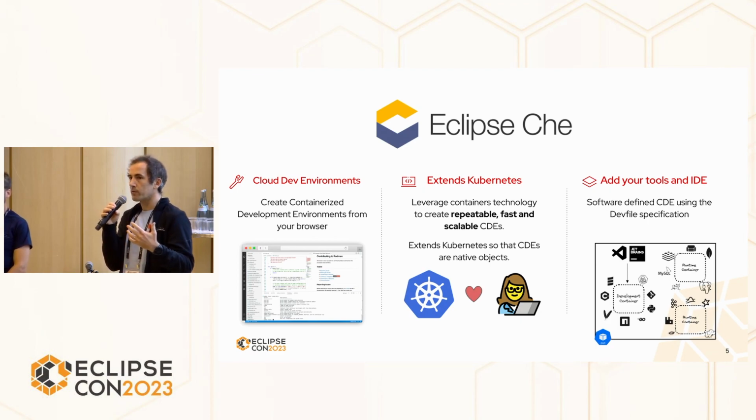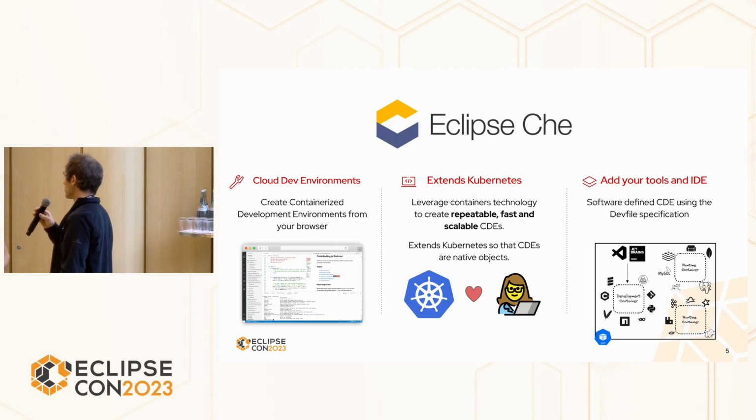You have a full development environment where you can not only code and build, but also test your application against the other runtimes or even other microservices, as we're going to see later on during the demos. And with that, I will let Marc introduce JKube.